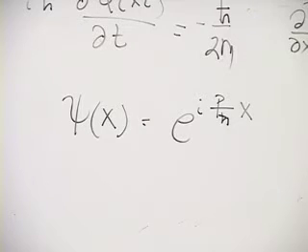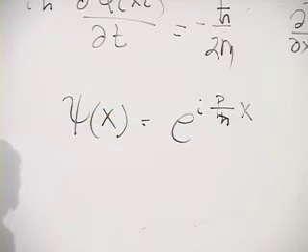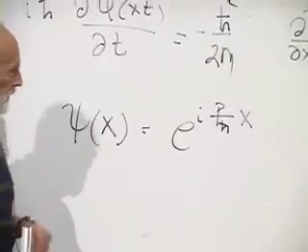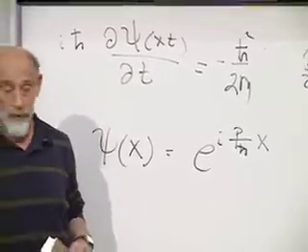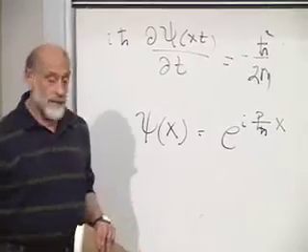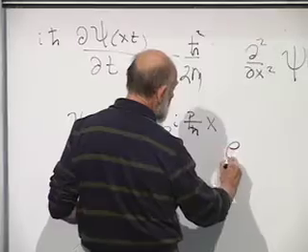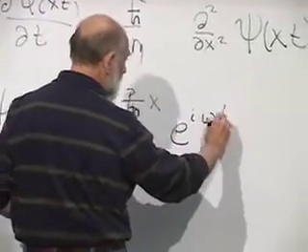Why p over h bar? Well, I can just describe them that way. Omega maybe? You want omega there maybe? No, I don't want omega there. Omega multiplies time. Okay, so let's put in omega. Omega has to do with time dependence. Let's put in a factor e to the I omega t.